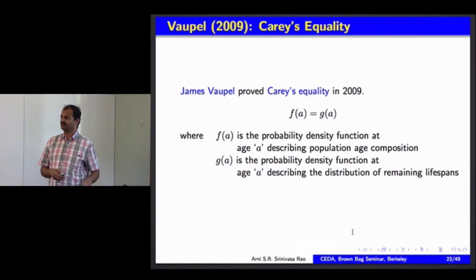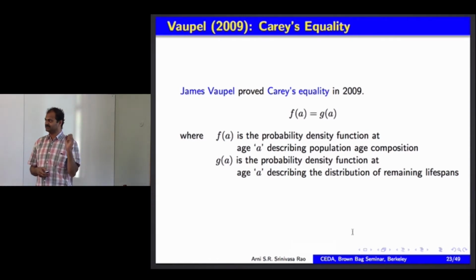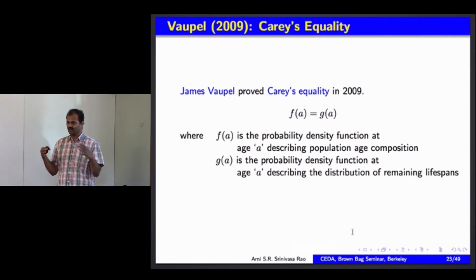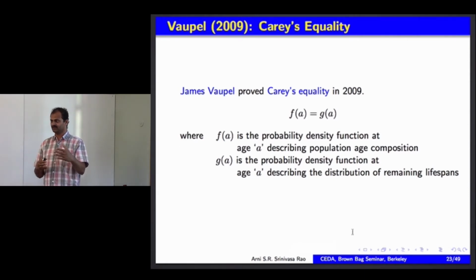He termed it Carey's equality in his 2009 paper in Demographic Research. He coined the term for the first time, based on Carey's observations in 2008, 2004, and Muller's work in 2004, where Carey was a co-author, and Carey observed this in his fly lab, in his fly data.